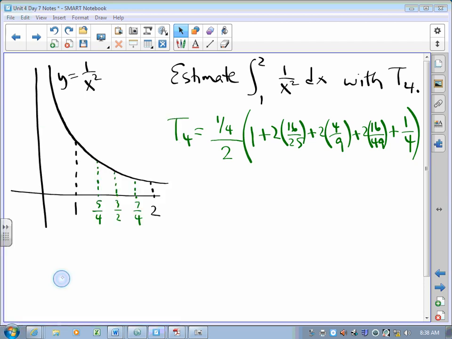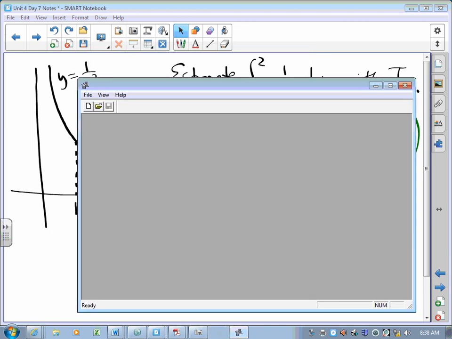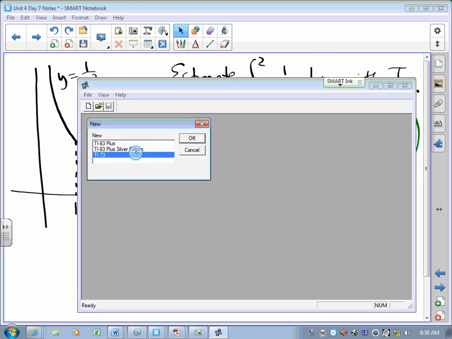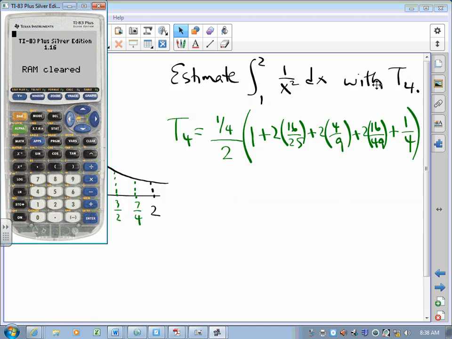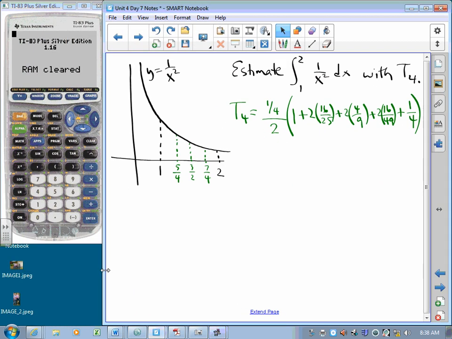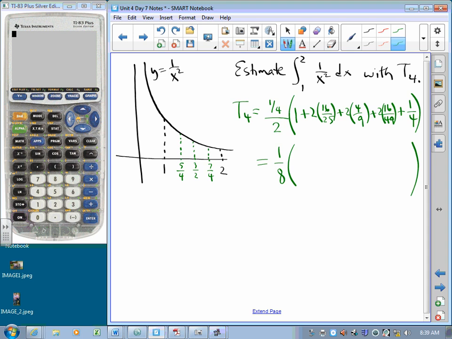Time to get a look at what this actually is. So we pull out our calculator, which probably should have been up already, but I know you've got 15 seconds to wait. You're not doing anything. And we say that this is 1/8 times 1 plus 32/25 plus 8/9 plus 32/49 plus 1/4.